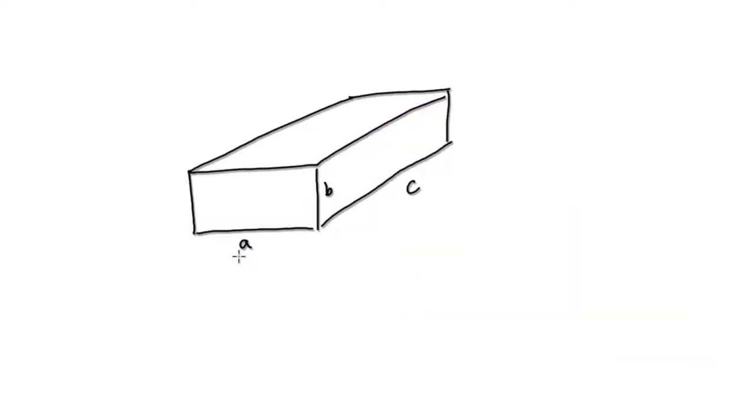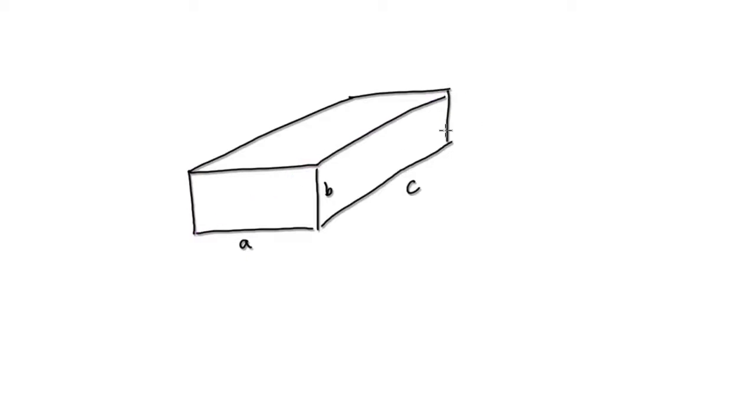For a small change in time, you would have traveled in the x direction by this amount. For a small unit of time, you would have traveled in the y direction by this amount. Let's just imagine this as y, and then for a small change in time, you would have moved up by this amount. So the distance traveled would be this diagonal thing here.